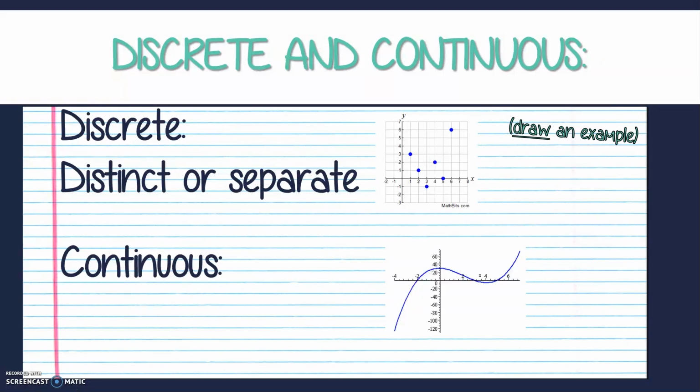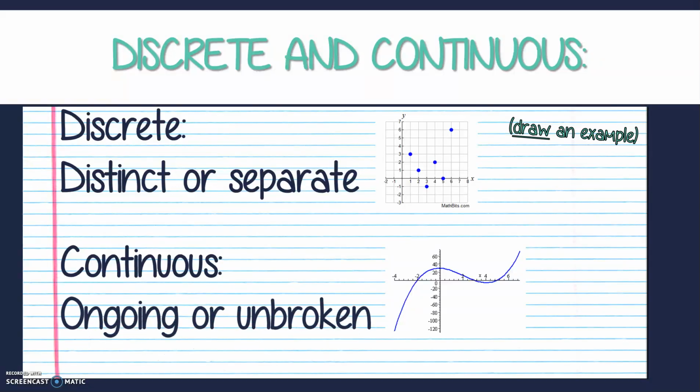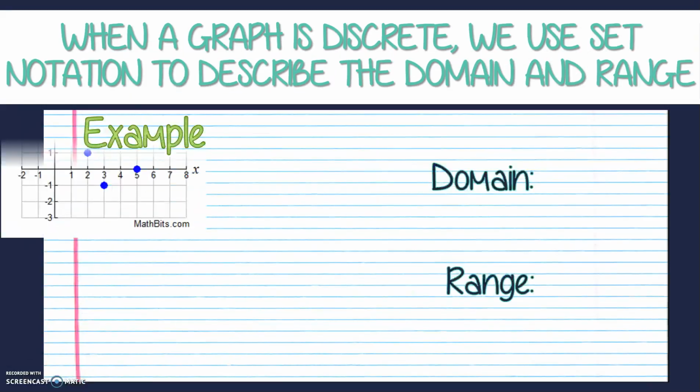The second type that we're going to be doing in class will be the continuous graphs. Continuous are ongoing or unbroken. So it's just going to continue with no broken set here. As you can see, we don't have a list of points that we're going to be graphing or writing down here. So their domain and range is going to look different. But our focus is only on discrete for right now, and in class we'll look at continuous.